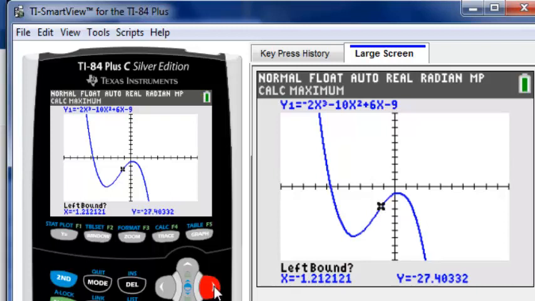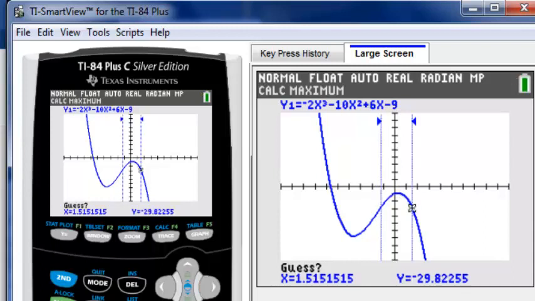I'm already on the left side of it, so I'm going to move a little bit closer and press enter. And now my right bound, I'm going to have to go over the hill and get to the right side and press enter. And now my guess, move back between those two markers and press enter.